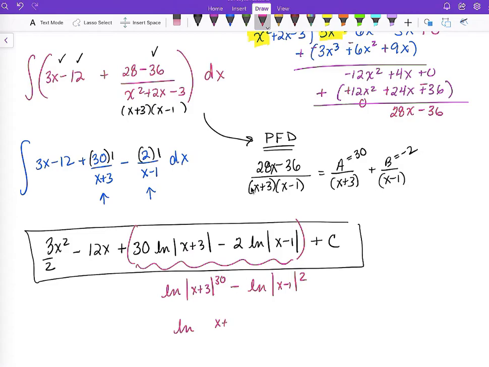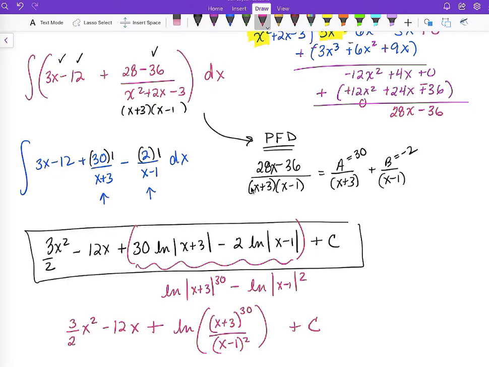And since I have an even power, I do not need the absolute values, because the 30th power of anything is going to be a positive number. The same goes for the squared. We could consolidate that entire portion to look more like that, which on a multiple choice test, you might have something that looks like that.